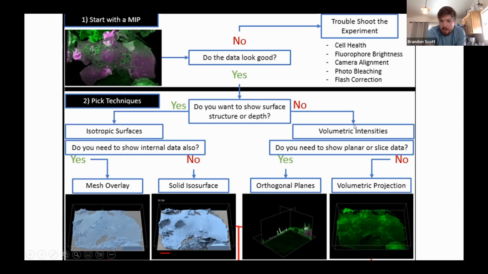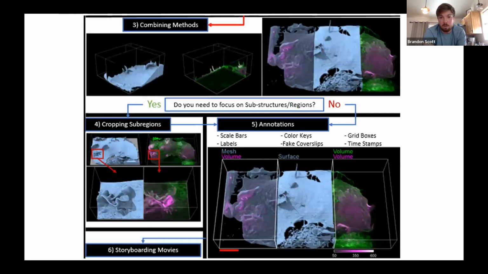If not, then in the same piece of software we can look at all of the volumetric intensities at once, and then start to combine these different modalities into either one view, or into different subregions, to look at different bits and pieces in terms of what we're actually interested in doing.